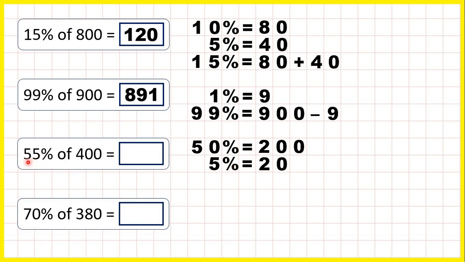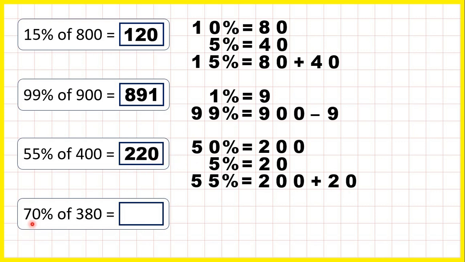So because we want to find 55%, we can add our answers to 50% and 5%, and 200 plus 20 is 220.